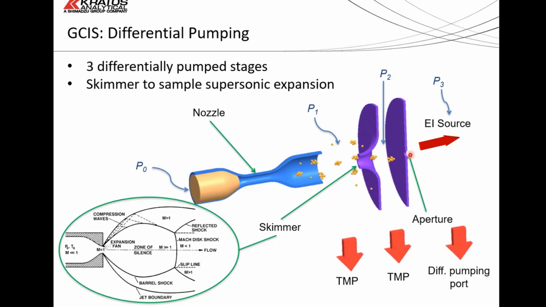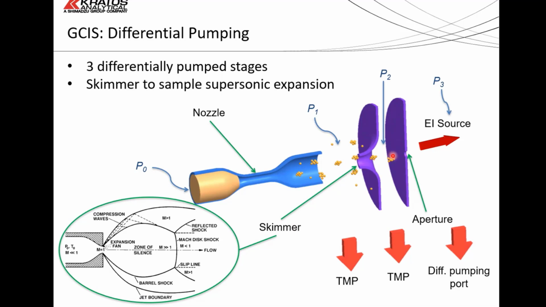After our gas escapes through the nozzle, it's initially at P0, and you get down to pressure P1 here, which is usually in the millitorr region. That's pumped by its own individual turbo pump. And then clusters are sampled by a molecular beam skimmer, which is just a very thin cone, the aim of which is to not reflect back any clusters.